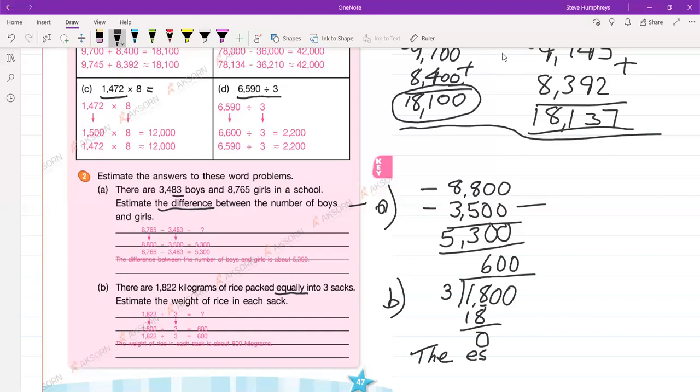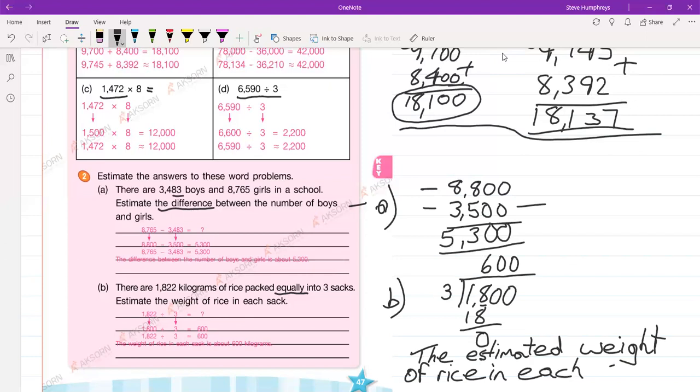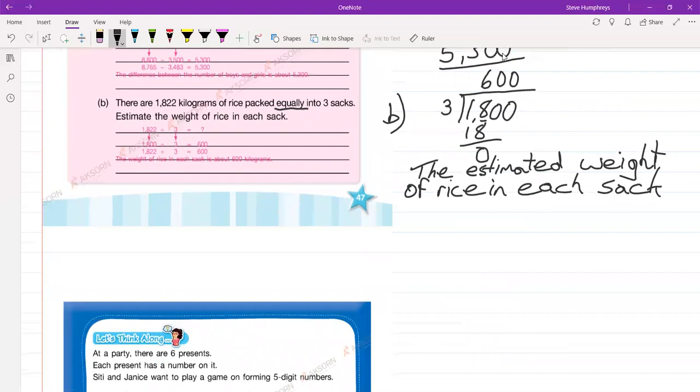The estimated weight is about 600 kilograms. Estimated amount.